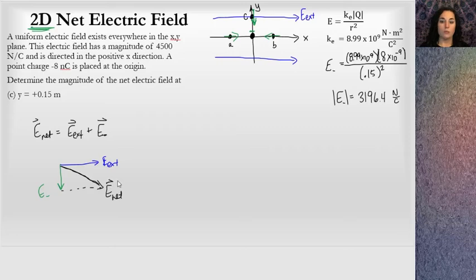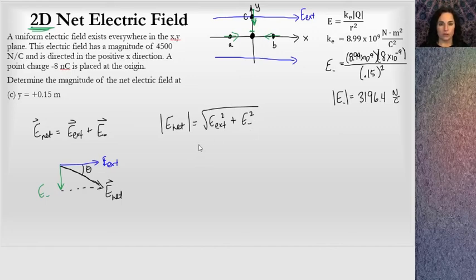You can see how the Pythagorean theorem and using trig to find an angle will be the appropriate approach. When I find the magnitude of E net, it will equal the square root of E external squared plus E negative squared.